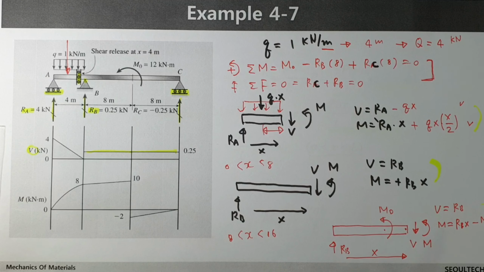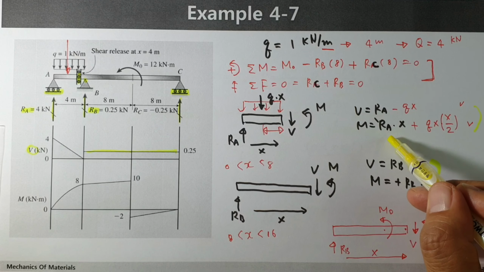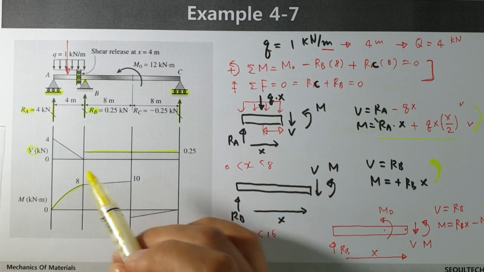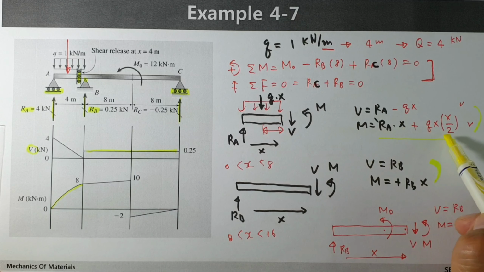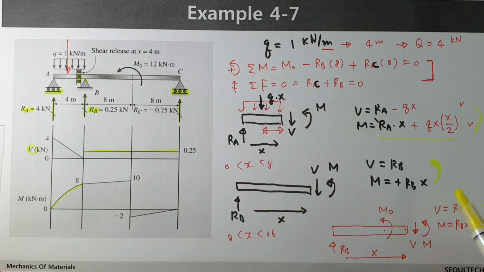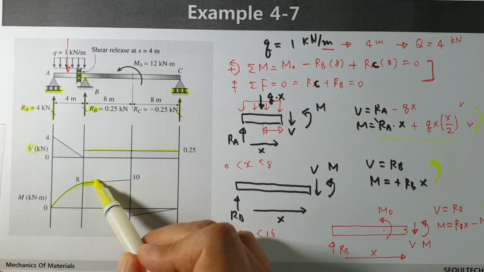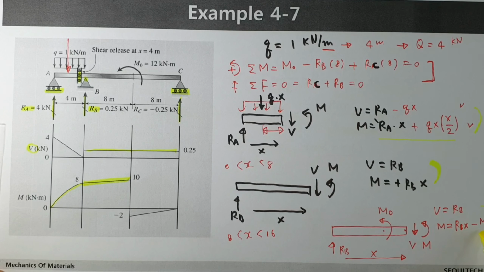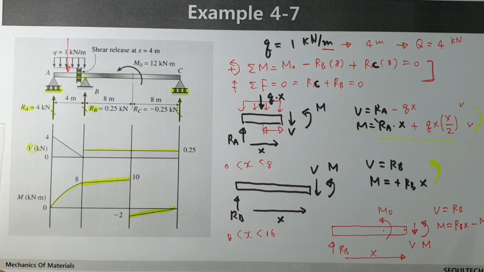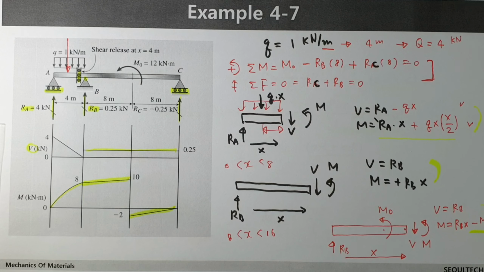Okay, next the bending moment case. In this case, second order one. When x equals 0, second order one. And in this range is the first order, and here also first order increased, but some kind of a shift. This value was considered. Okay.